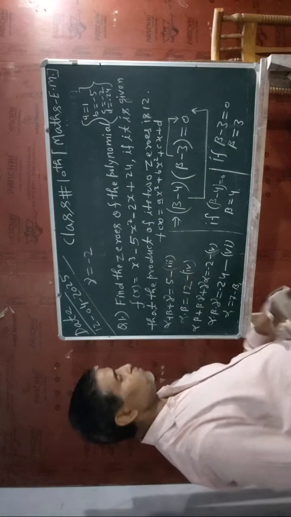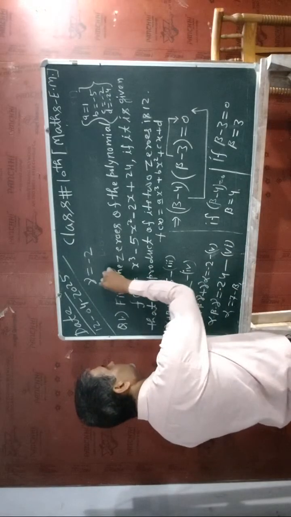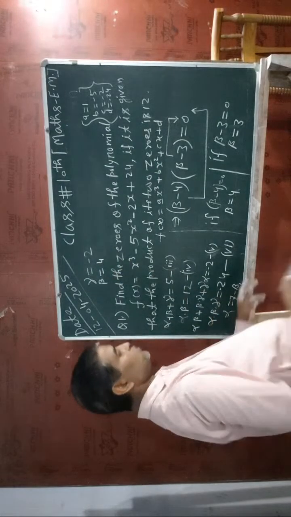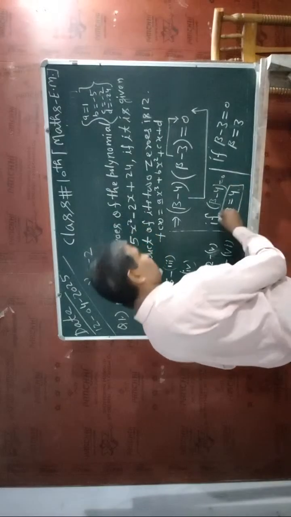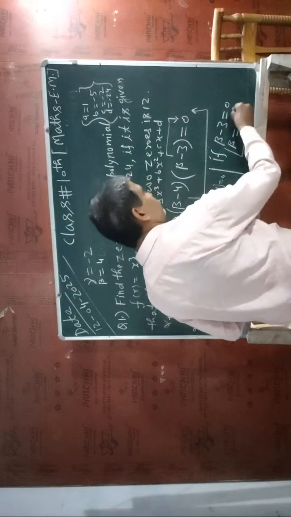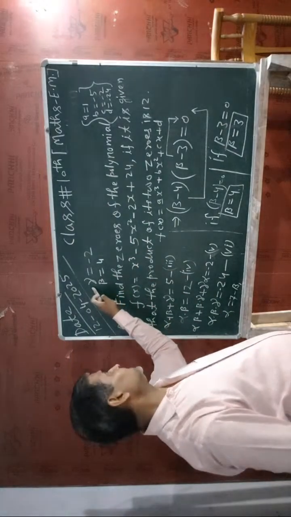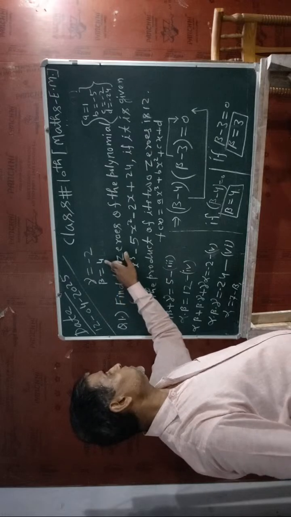So the value of gamma will be 3. So here I am going to write beta is equal to 4. So I have got these values of beta. So one root is gamma whose value is minus 2 and the other root is beta whose value is 4.